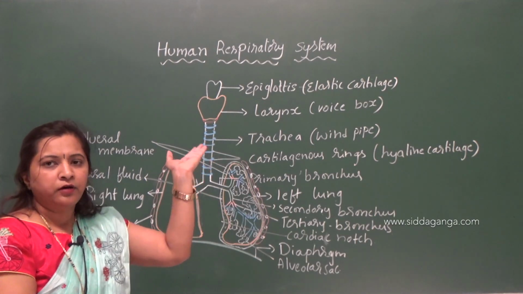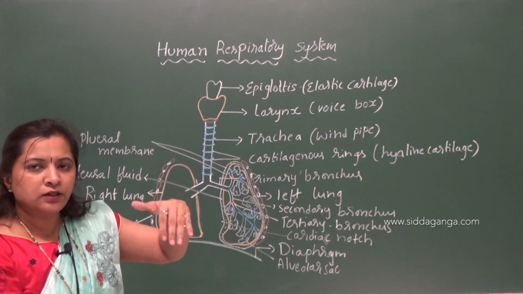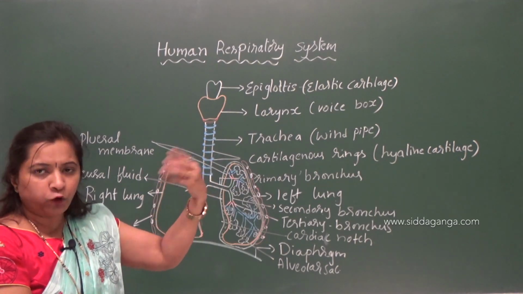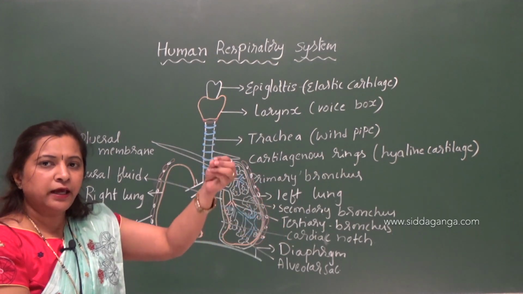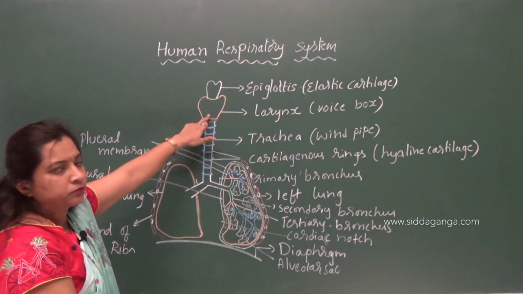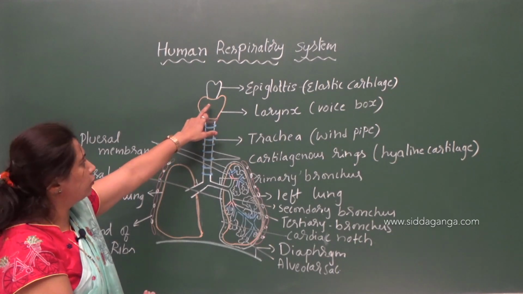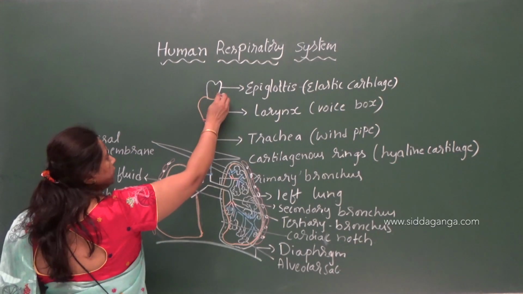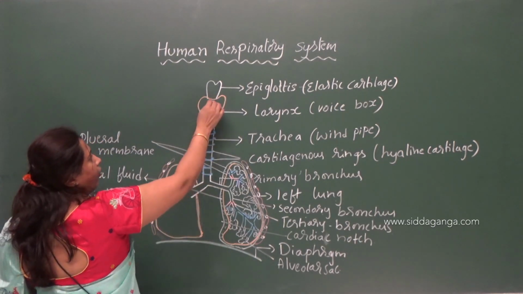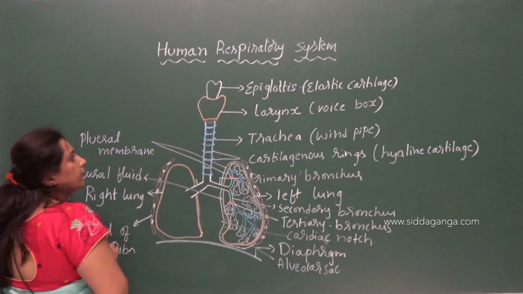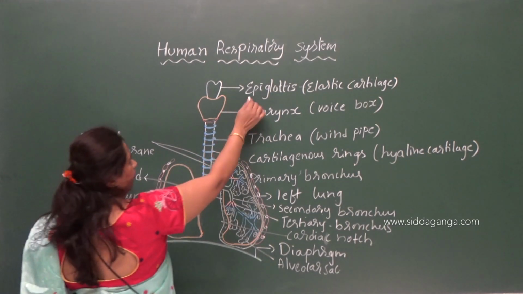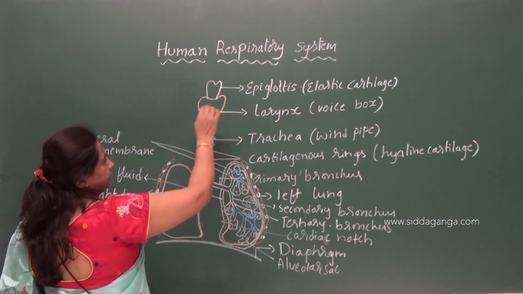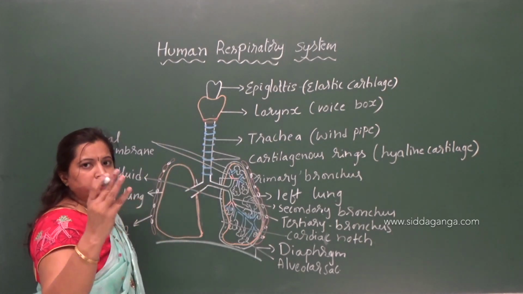The nasal chamber opens into the nasopharynx through the internal nares, and then the nasopharynx opens into the oropharynx, then the laryngopharynx, then the laryngopharynx opens into the larynx through an opening that is called the glottis, and that glottis is covered by a cartilaginous flap, a leaf-like structure, that is called the epiglottis.